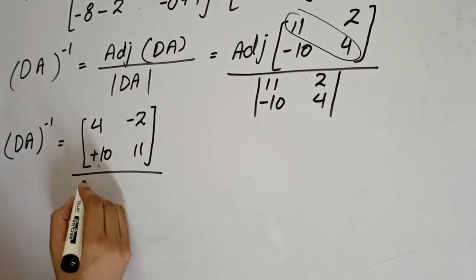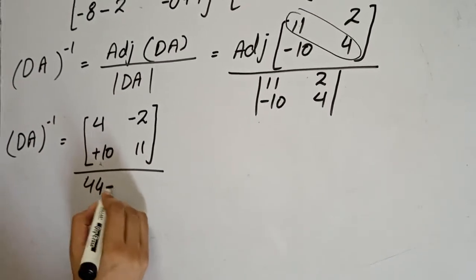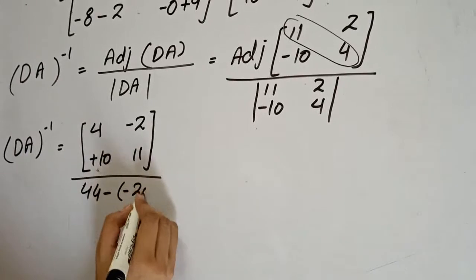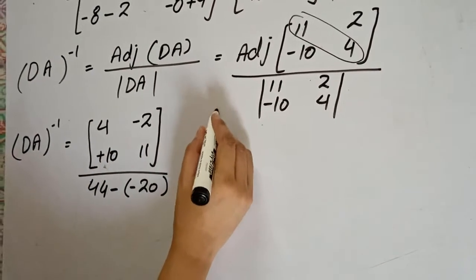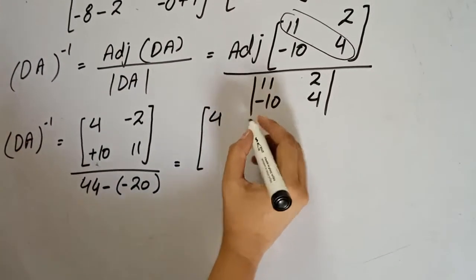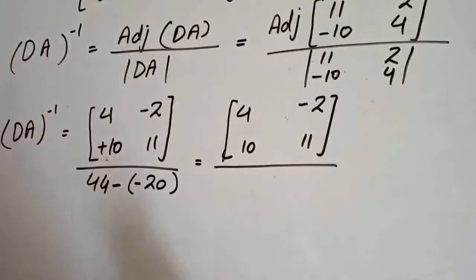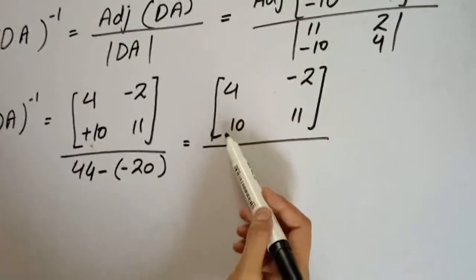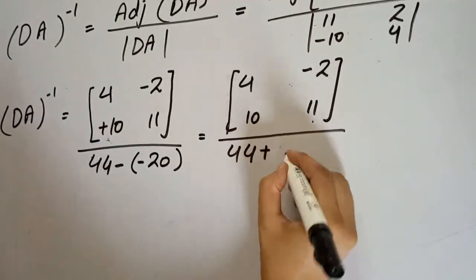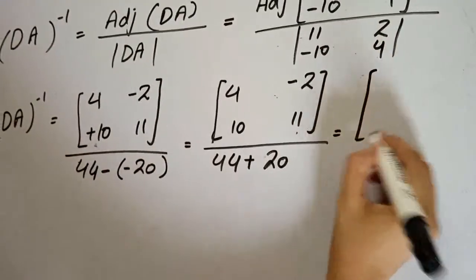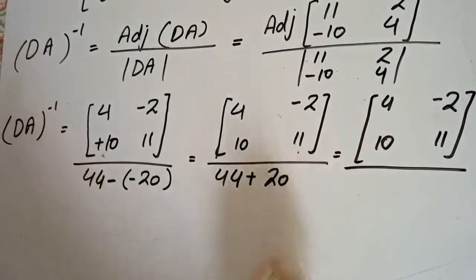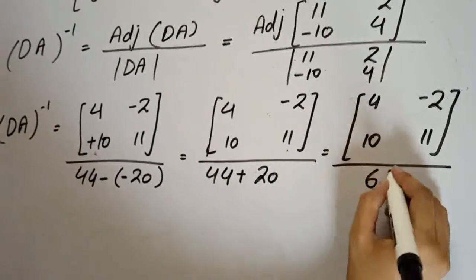11 times 4 is 44, minus minus 10 times 2 is minus 20. So the adjoint is 4, minus 2, 10 and 11, and the determinant is 44 minus minus 20, that is 44 plus 20, which is 64.